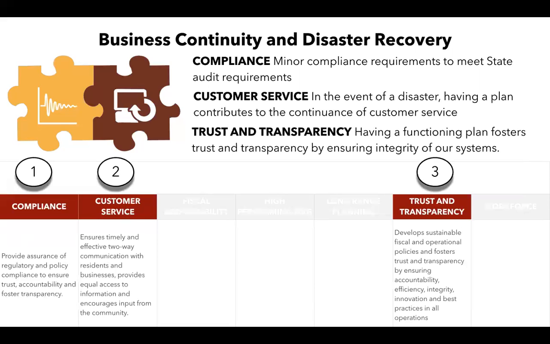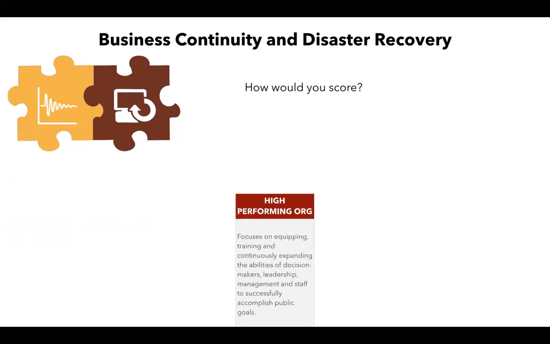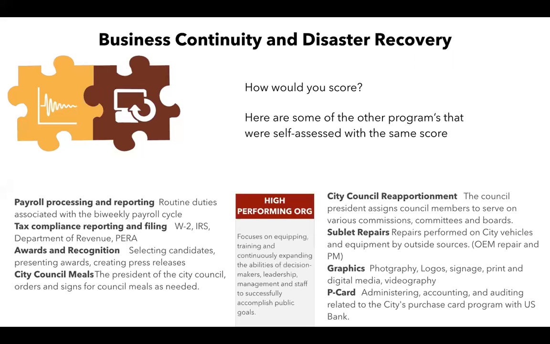So I believe that those descriptions were very helpful in the peer review process to help determine if that was a correct score. Finally, high-performing org. This is another one of the results from their governance list, and it scored the same as this business continuity and disaster recovery service.